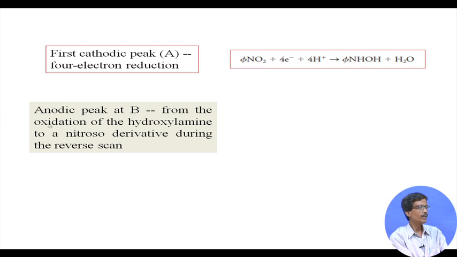But when you go for the reverse scan, the anodic peak B from the oxidation of the hydroxylamine does not go back to your nitro compound, but goes back to the nitroso compound.